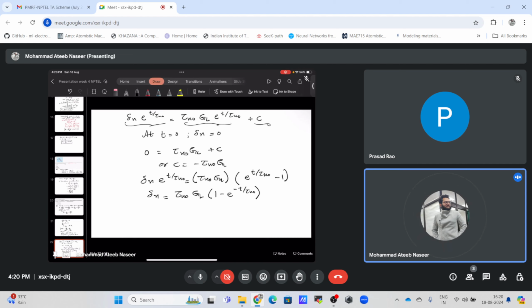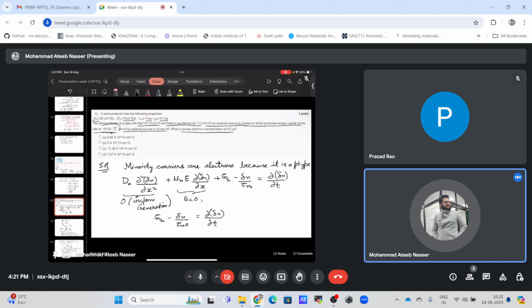Okay, this is what we got for the excess electron concentration, the expression of delta n as a function of time. Now let's look into the values of tau n naught and GL, the generation rate, and let's try to find it at 2 microseconds.